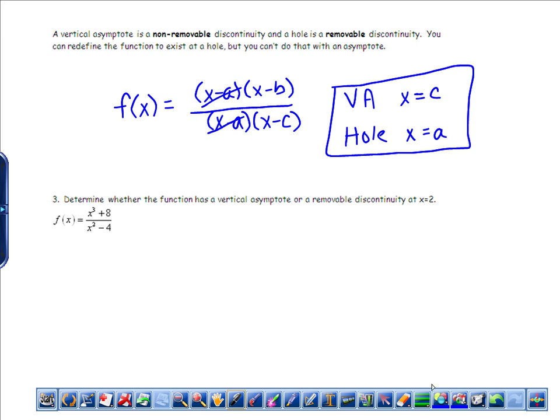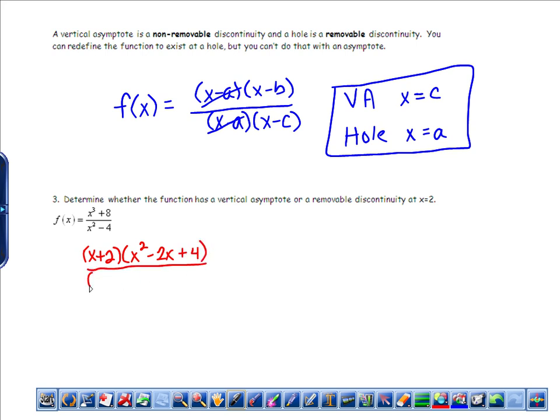Okay, so now let's do this with an actual problem, with numbers and everything. So I'm going to have to factor. Okay, so I have in the numerator x plus 2 times x squared minus 2x plus 4.